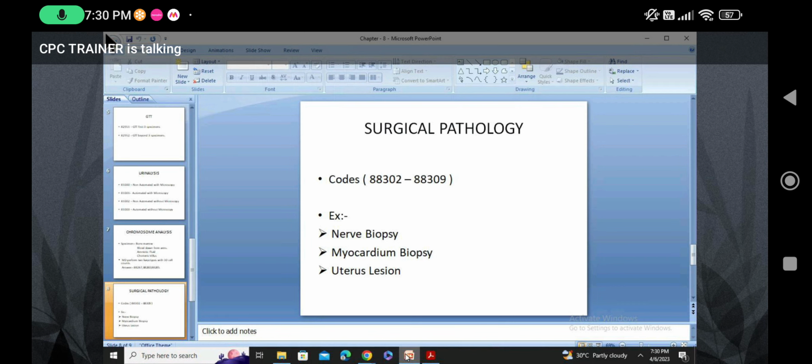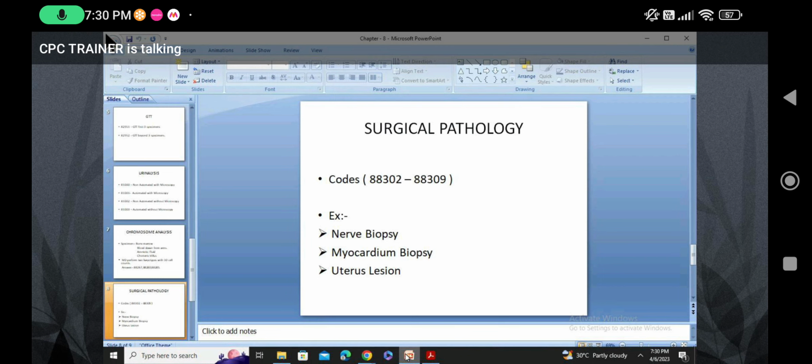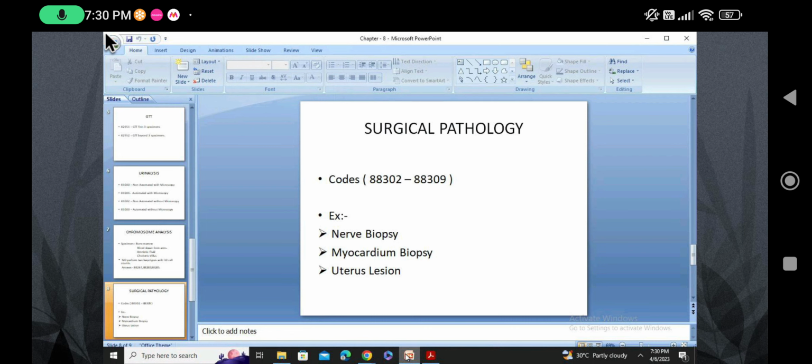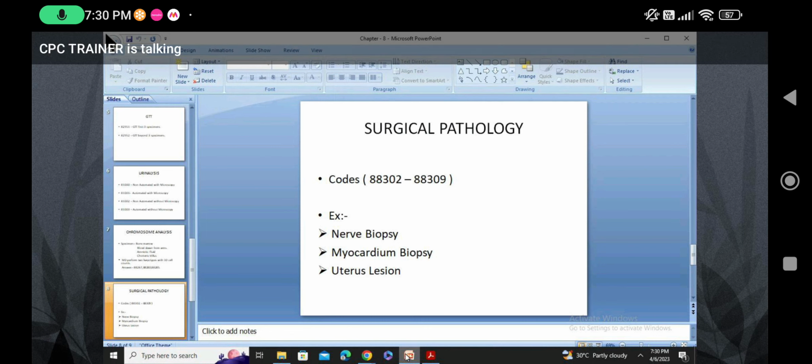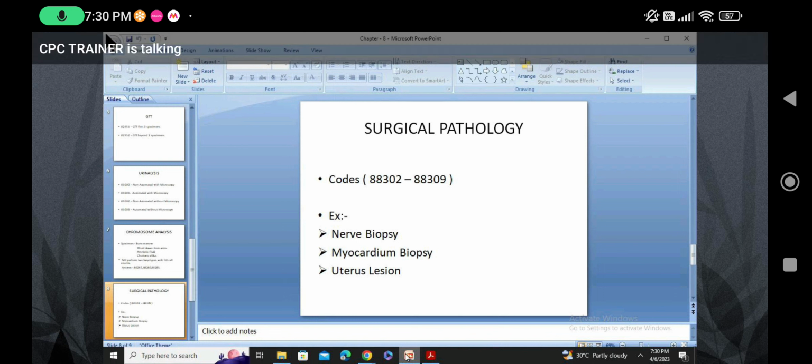First, go to the code sets, guys: 88302 to 88309.